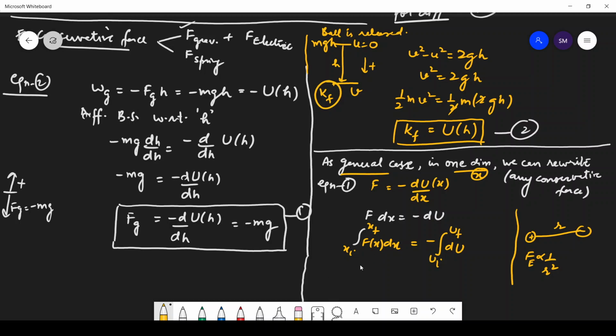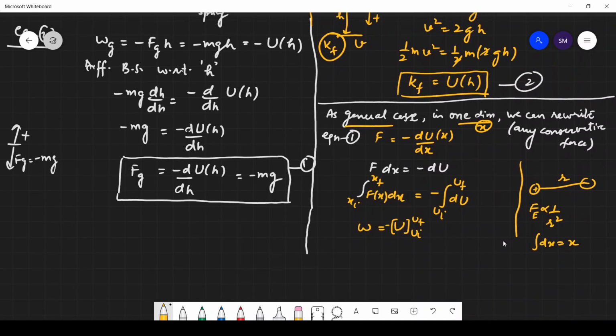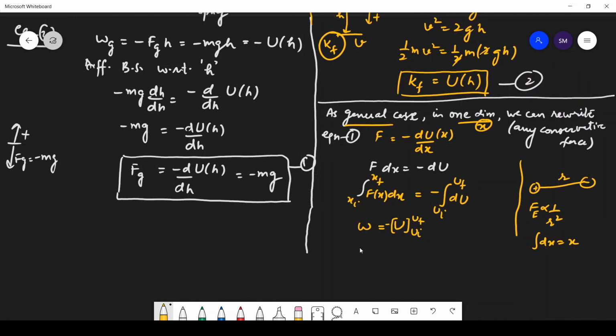Okay? So this is the work done by the conservative force, and that equals, what is the integral of dU? That is equal to U, from Ui to Uf. That equals minus, so put U equal to Uf minus U equal to Ui.